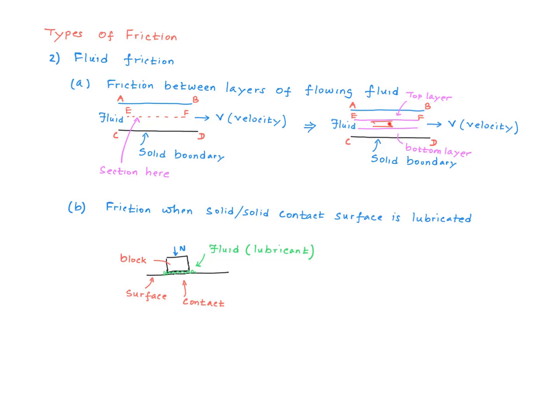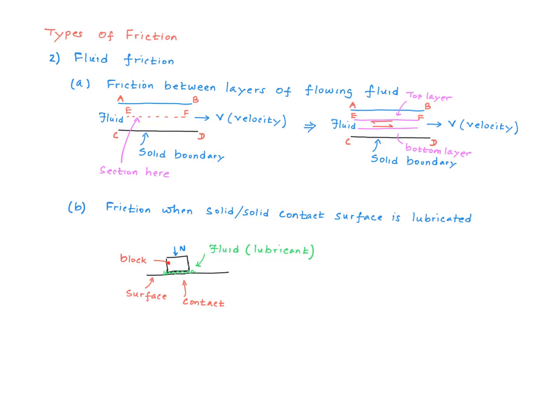So what do we have at this interface? Well, the molecules of the same fluid, right? The attractive forces between these molecules, like we talked about in another video, resist this relative motion. So this force at the interface between the top layer and the bottom layer is what we are talking about here. This is our frictional force. In fluid mechanics, we quantify this in terms of what is known as the viscosity.